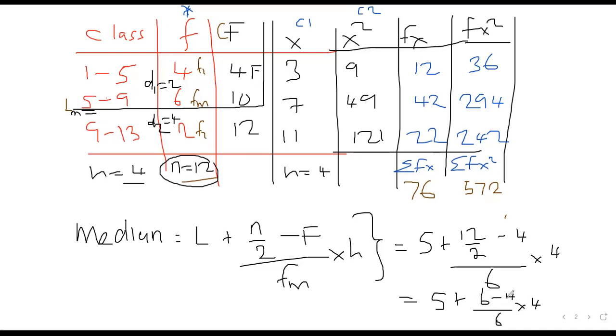So 6 minus 4 is 2. 2 times 4, 8. 8 over 6 is 1.33. 1.33 plus 5, our median becomes 6.33. Note that it's not always supposed to be the same, but coincidentally, in this context, we have the same figure.